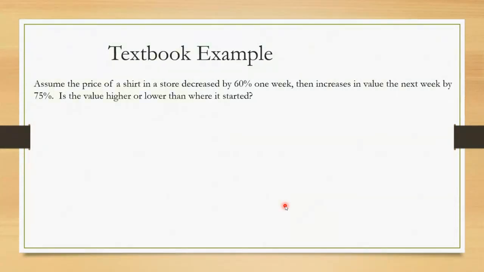All right, let's do this one now. The price of a shirt has decreased by 60% one week. Then it increases in value the week after that by 75%. Now, is it higher or lower than where it started?